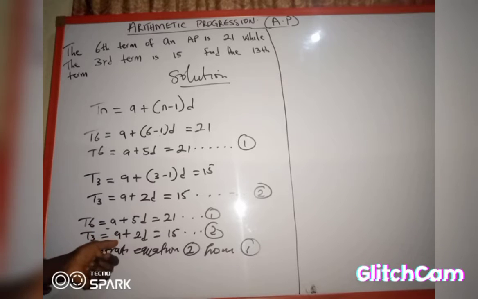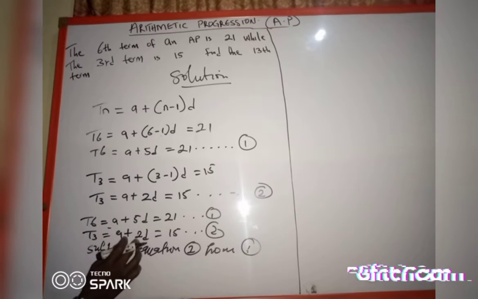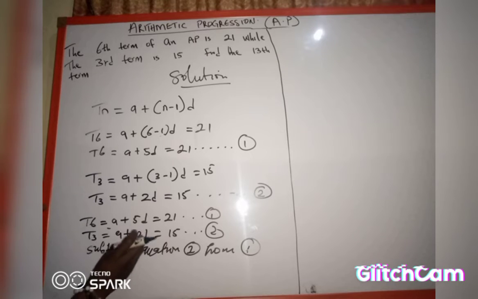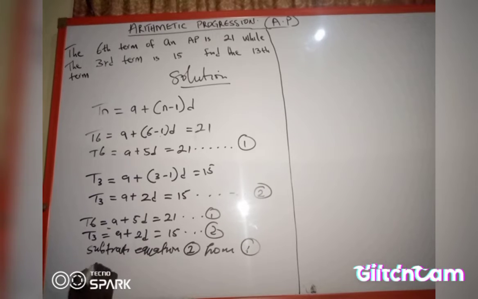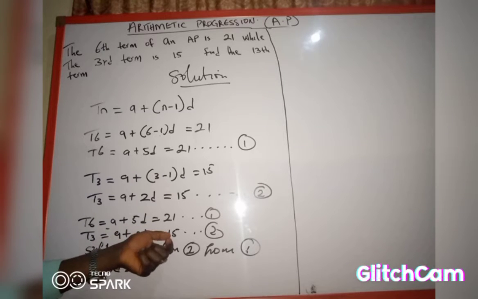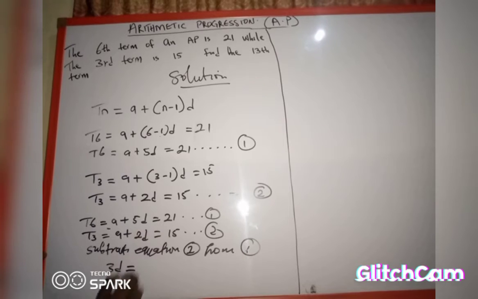Nothing will remain, it will be 0. Here now we have 5d minus 2d. We can take away 2d from 5d because they have the same variable, they are like terms. It will remain 3d. This equals 21 take away 15, I'll have 6.